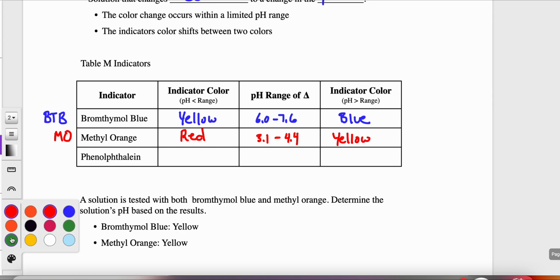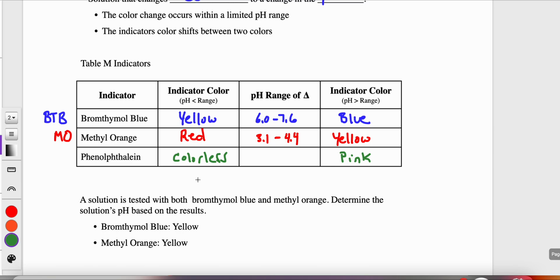And our last example, phenolphthalein, probably the most common indicator out there. Phenolphthalein exhibits two colors. At the lower pH range, it is colorless, so it looks like just a glass of water. At the higher end of the pH range, it's a really bright pink color.